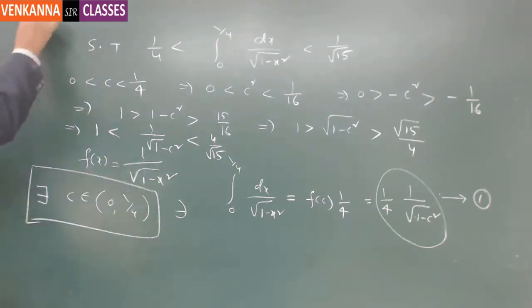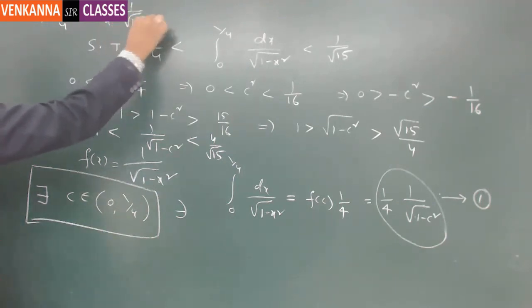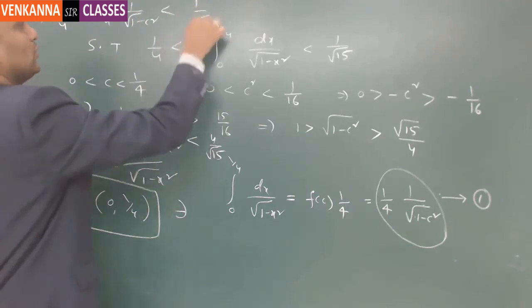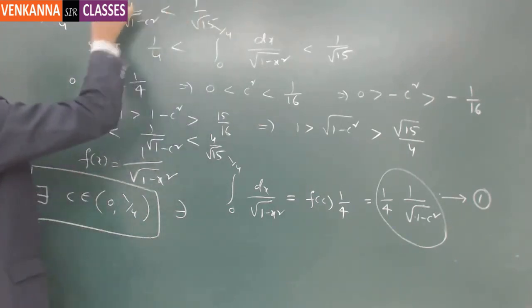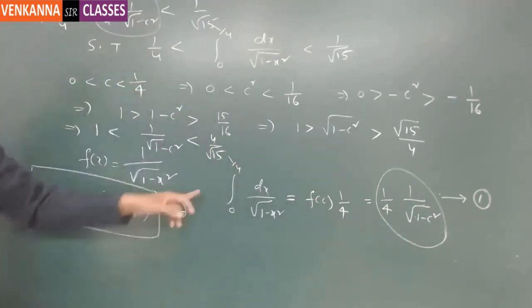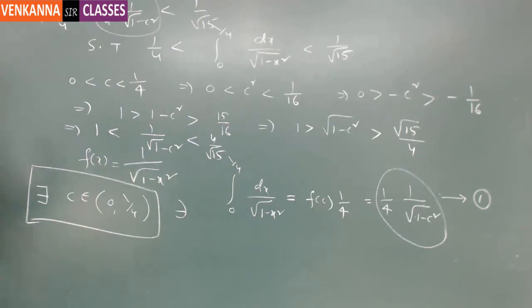Then you have 1 by 4 is less than 1 by 4 into 1 by root 1 minus c square, which is less than 1 by root 15. And in the middle part, you will write that from equation 1, it is nothing but integral 0 to 1 by 4 dx by root 1 minus x square. That's it. So in this way, we will prove the inequality.